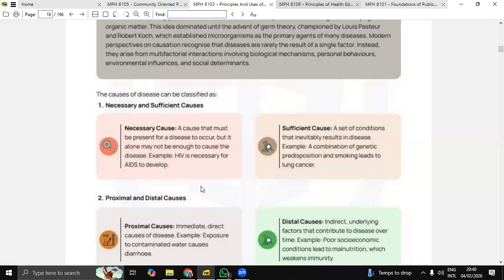Now, here is where it gets a bit tricky. If that Mycobacterium tuberculosis, that microorganism, is not present, then the disease cannot happen. So let me explain what it is like. That Mycobacterium tuberculosis is just like a chief.